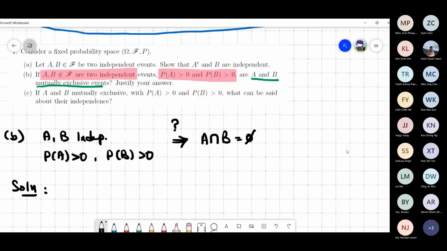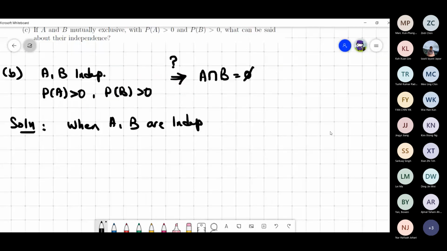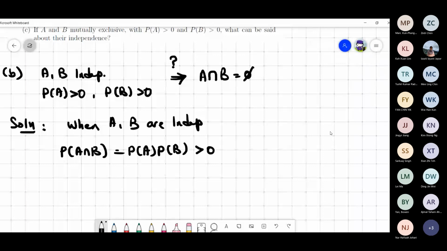Maybe what we can do is check for that. When A and B are independent, we're going to have P(A and B) must be equal to P(A) multiplying P(B). When P(A) and P(B) are non-zero, this must be greater than 0.